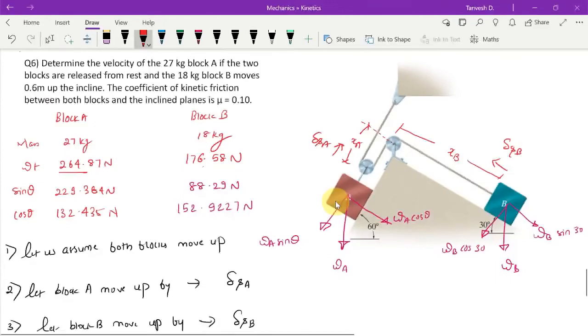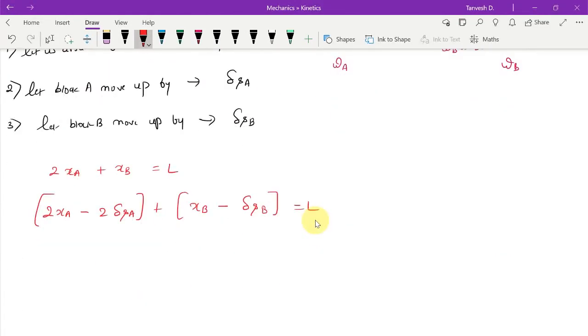Since we have assumed both of them to be moving upwards, this equation might look absurd for now. But what we are actually finding from this equation is the relation between their movement, whether they are actually moving up or whether one is moving down and one is moving up.